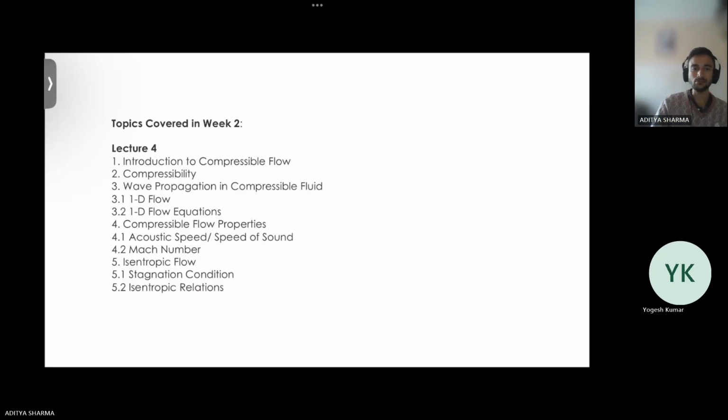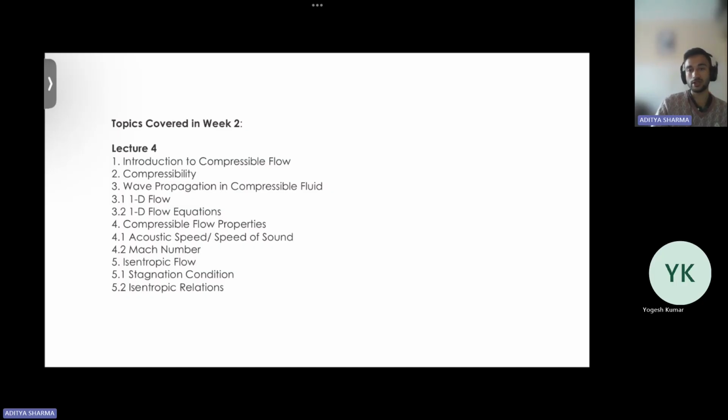Then another important non-dimensional parameter related to compressible flows is Mach number, which is nothing but the ratio of the velocity of a disturbance or an object to the speed of sound.